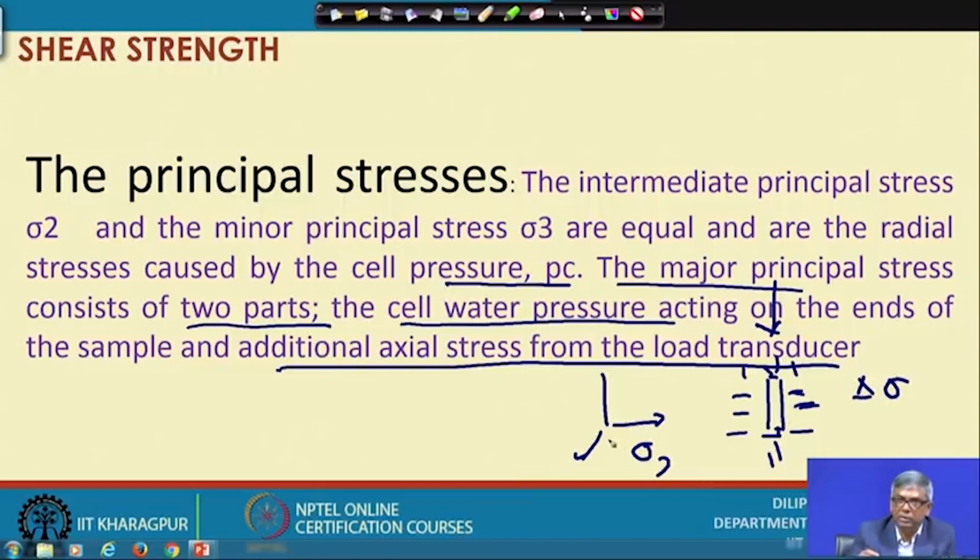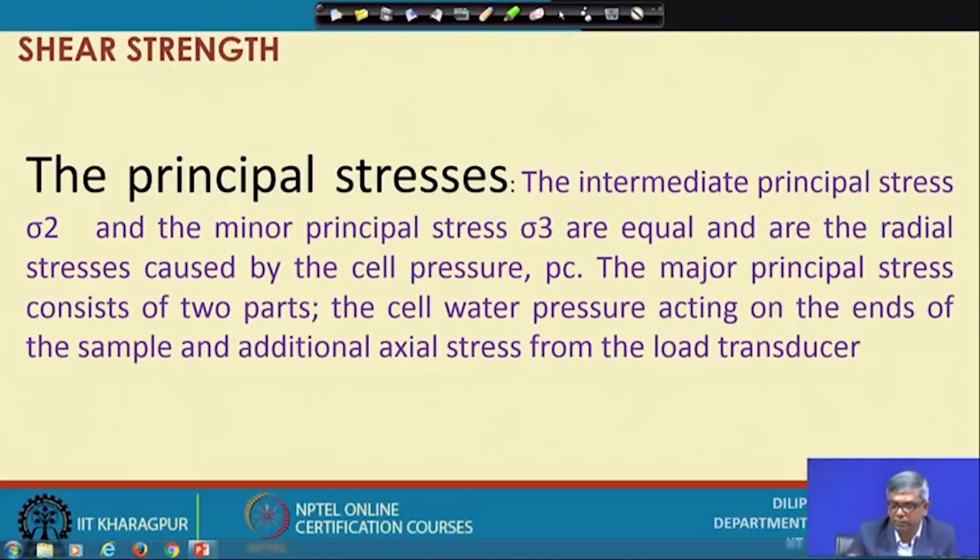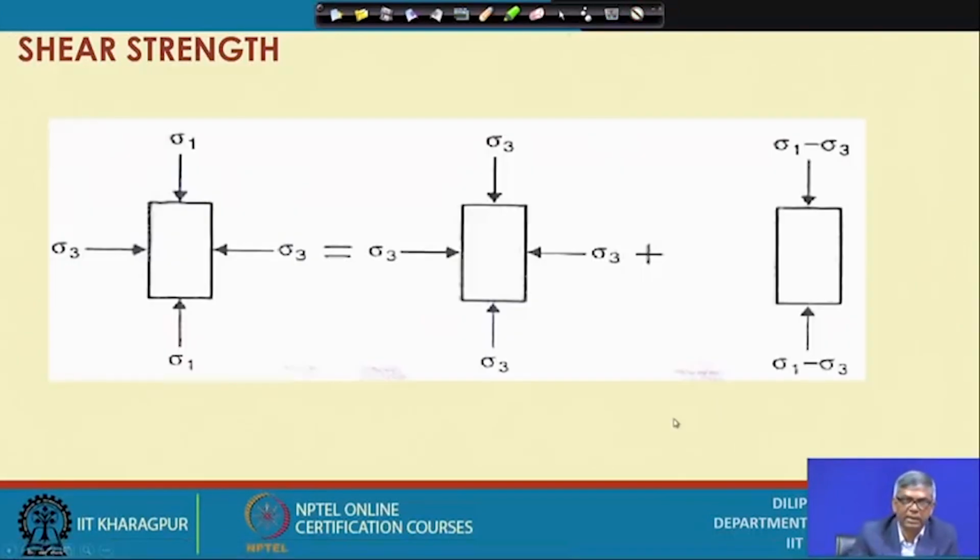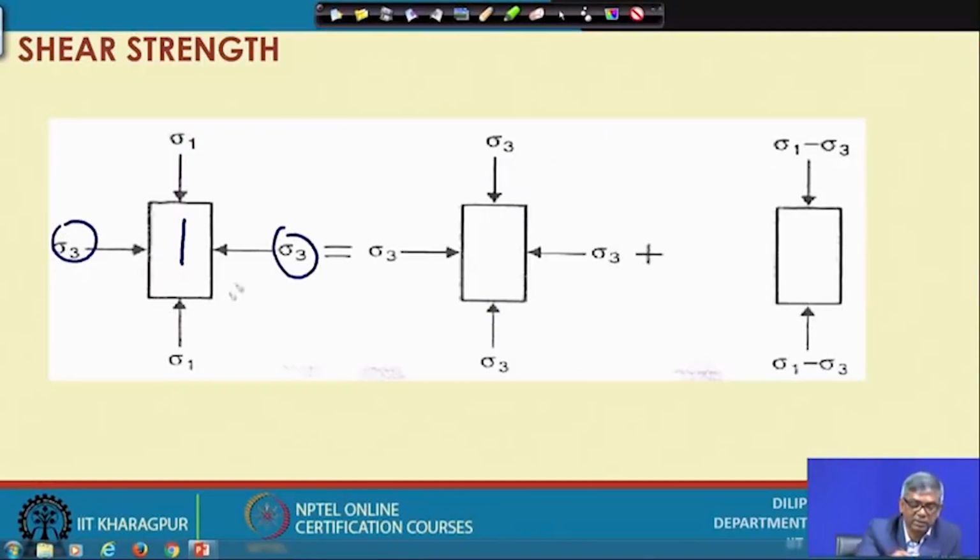So, then I can show you how this can be related. What is the additional axial stress, and how are sigma 1 and sigma 3 related? That can be seen in the next one. You can see that at any stage of the test, this is the sample and I can visualize that sigma 1 is acting, sigma 3 is acting.